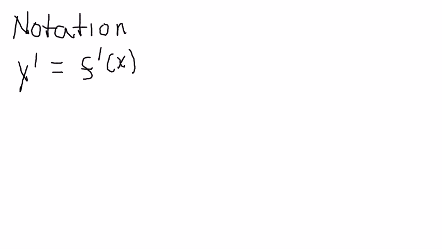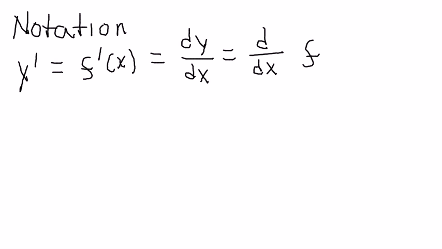If you want to write it in terms of the change of y over the change of x, you'll see dy dx. If I want to indicate to take the derivative of something, I take d dx of f of x. Those all mean first derivative. And then sometimes you'll see some other notations, but those are the most common.